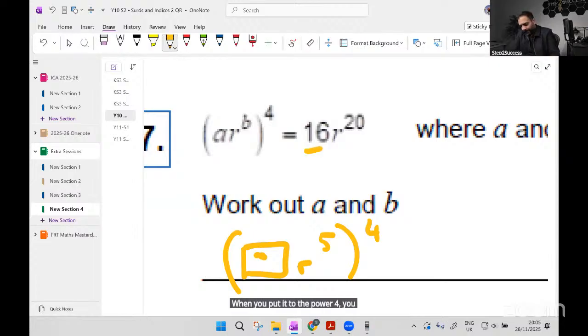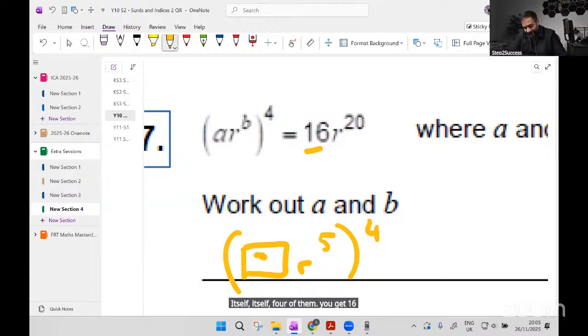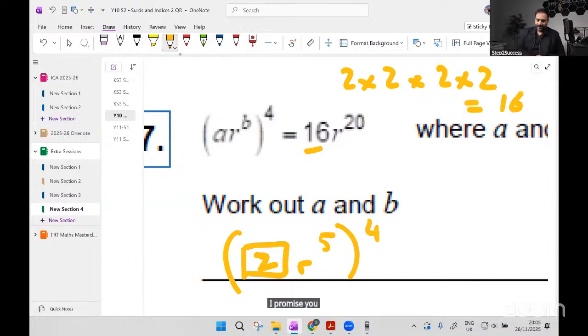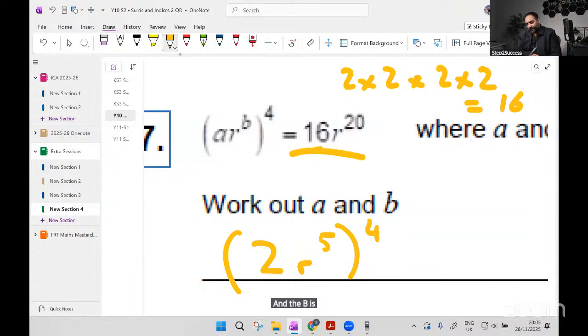So there's a number that when you times it by itself, four of them, you get 16. That number is 2 because 2 times 2 times 2 times 2, I promise you, is 16. So the answer to this question is that A is 2 and the B is 5, because then it ends up being 16r to the power 20.